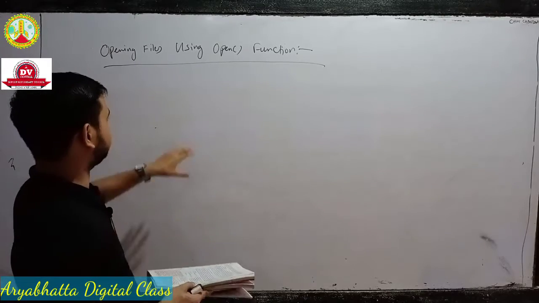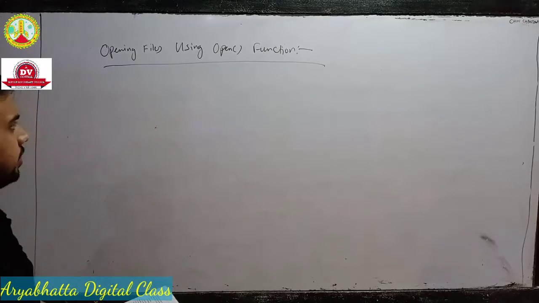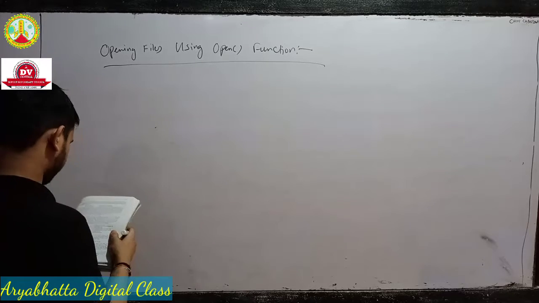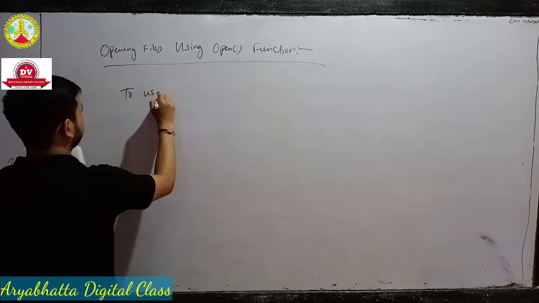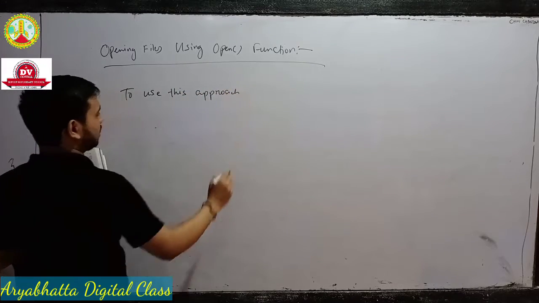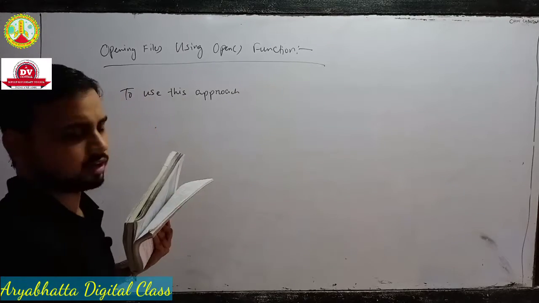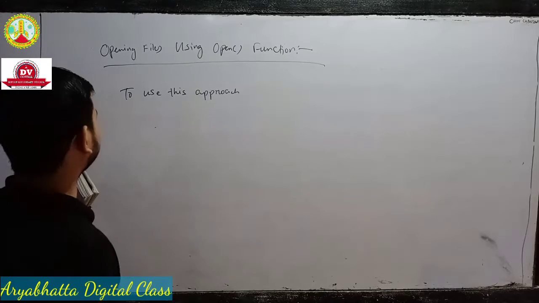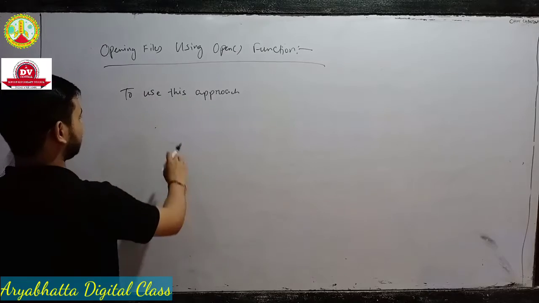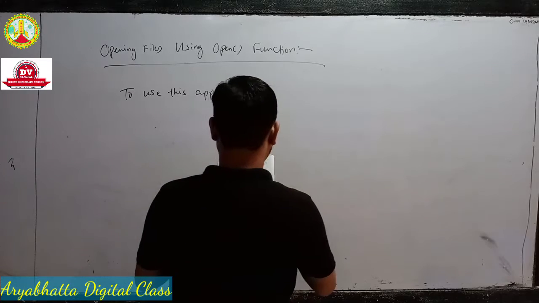I already wrote down the basic notes of this function. If you see in the previous class, I wrote the first paragraph, the basic definition of how the open function is used for opening files, and in this class I continue from the last portion.